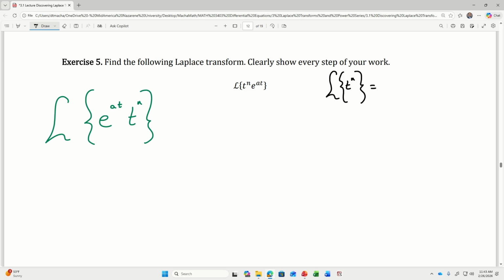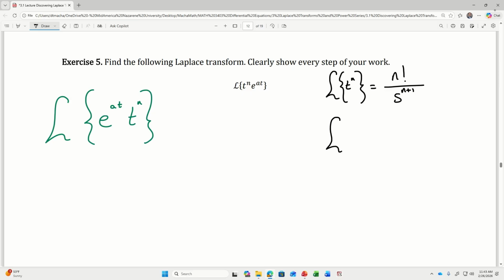What was the Laplace transform of just t to the n? n factorial over s to the n plus 1. Nice, very good.